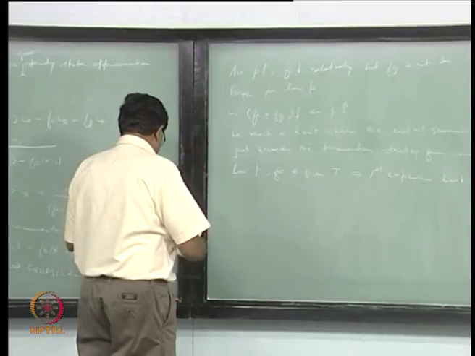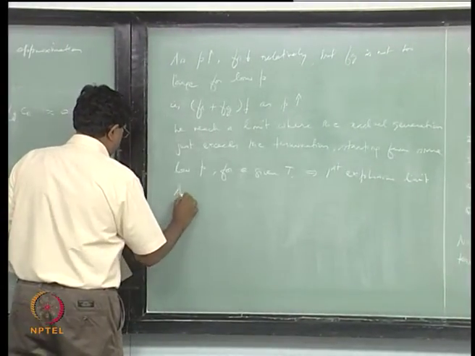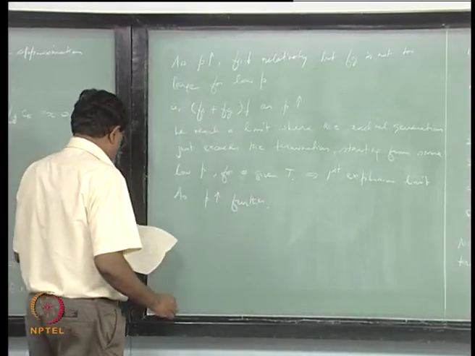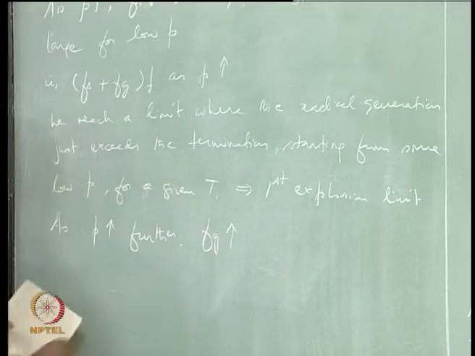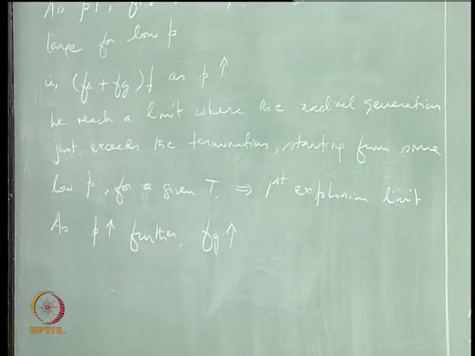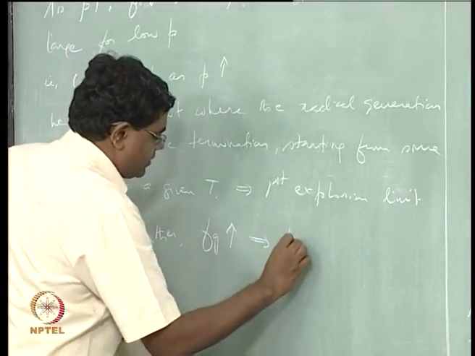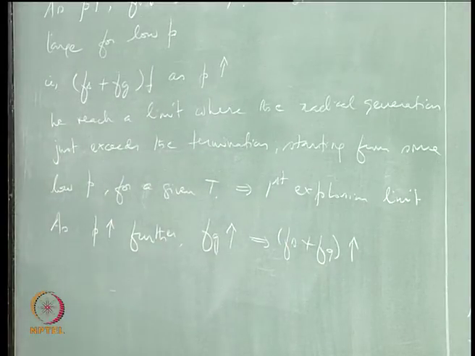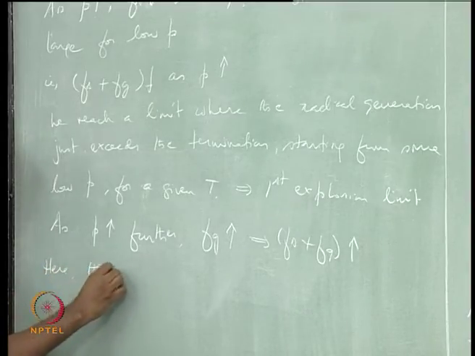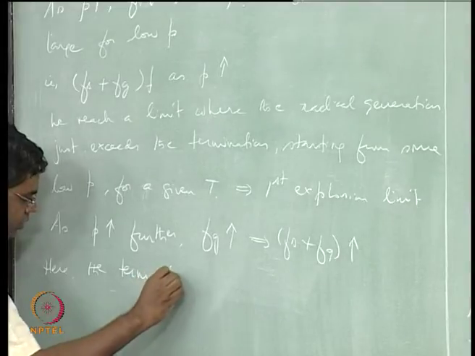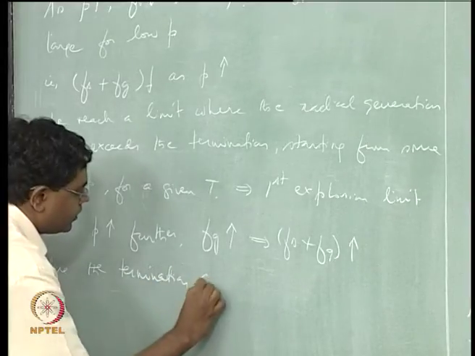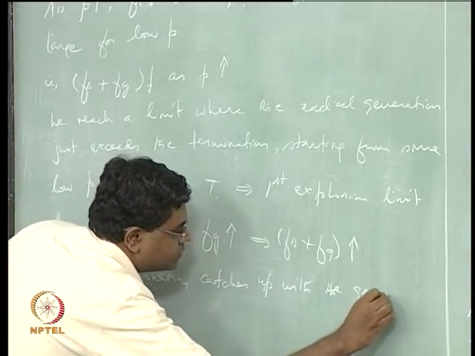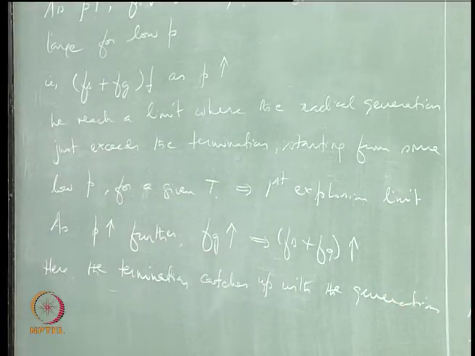So as pressure increases further, Fg increases, which implies Fs plus Fg increases, and here the termination catches up with the generation, right.